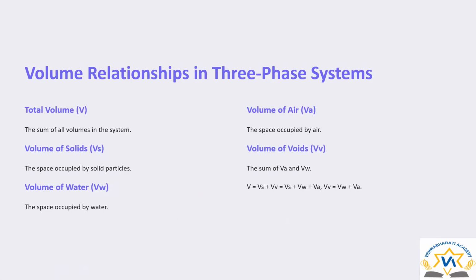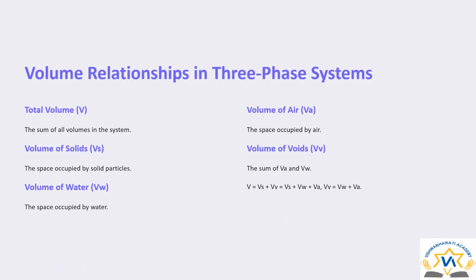But as we have seen, the three materials are present in the container, yet some space is available in the container, and this space is also called voids. It is indicated by capital V and small v.